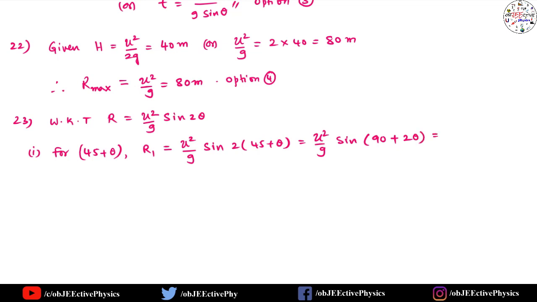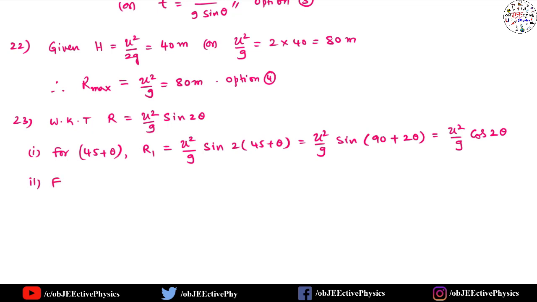We know that sine (90 plus 2 theta) is equal to cos 2 theta. So, R1 is equal to u square by g into cos 2 theta, for angle of projection 45 plus theta.